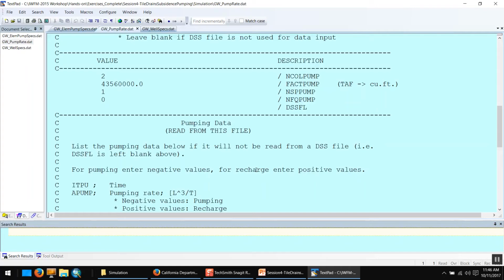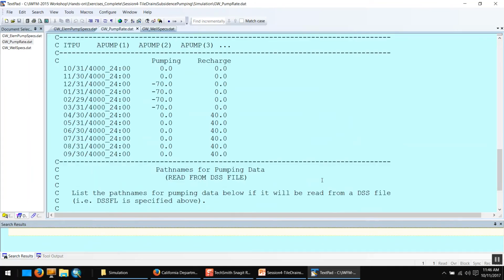And then the model, when it reads these data, realizes that this is a monthly interval. So it figures out that this is 1,000 acre-feet per month, and since you're running a daily model, it automatically converts. First, it applies that conversion there, converts it to cubic feet per month, and then internally it figures out the number of days in the month and converts that to cubic feet per day.